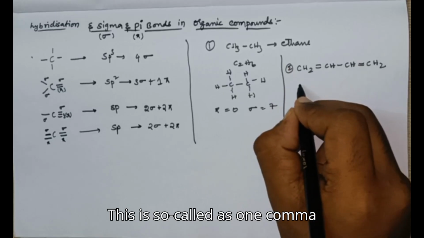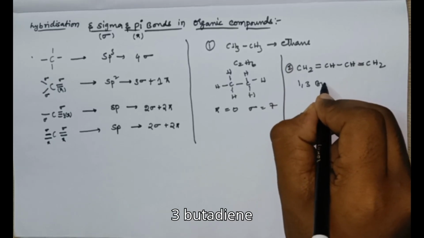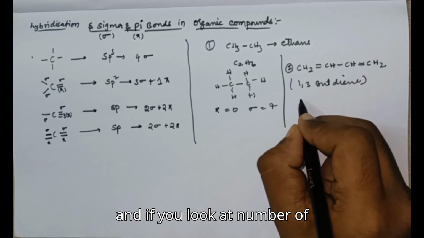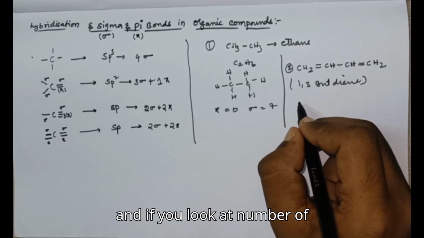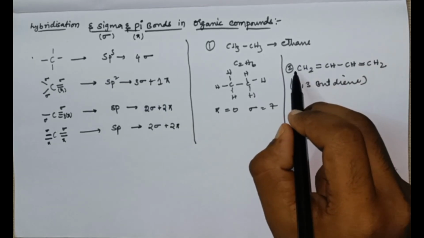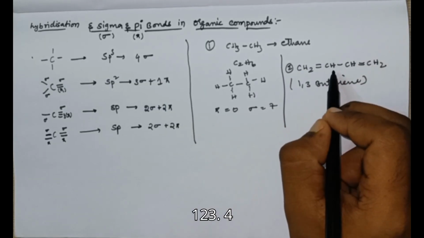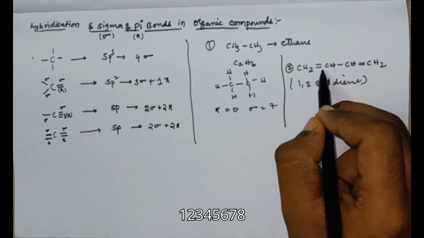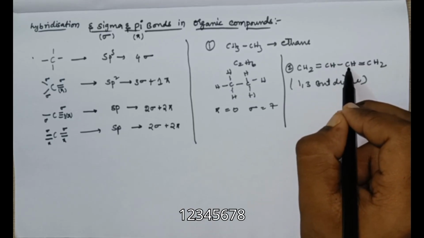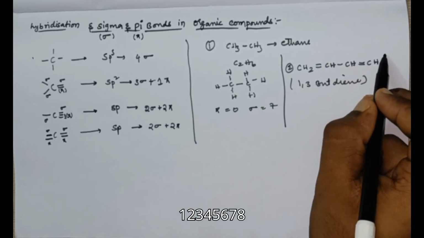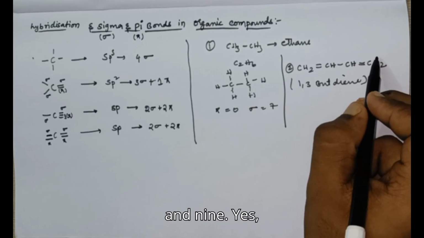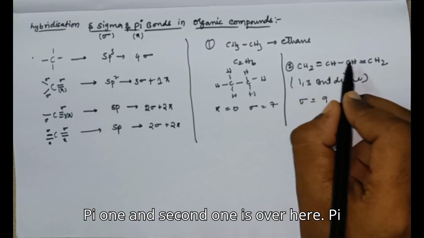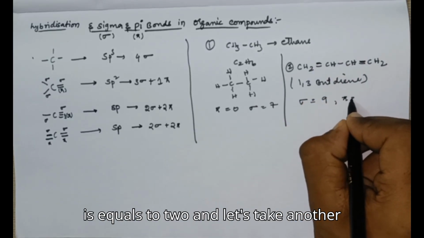This is called 1,3-butadiene, and if you look at the number of sigma bonds, it has 1 2 3 4, the ones with hydrogen and carbon, 1 2 3 4 5 6 7 8 and 9. Yes, sigma is equal to 9, whereas pi is 1 over here and the second one is over here, so pi is equal to 2.